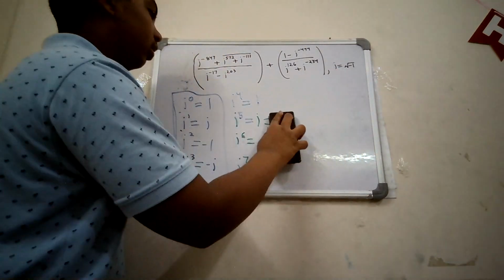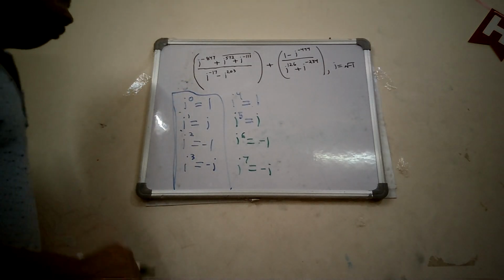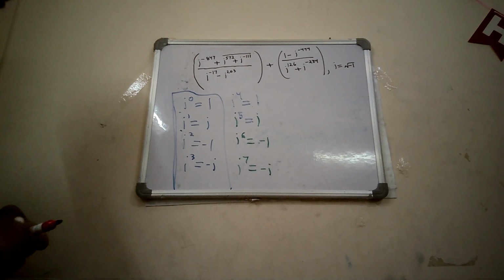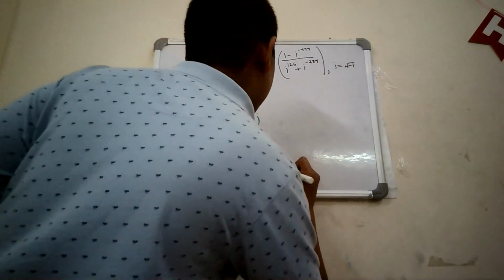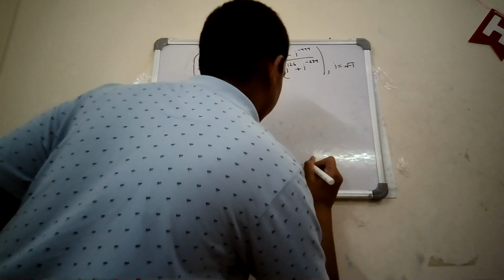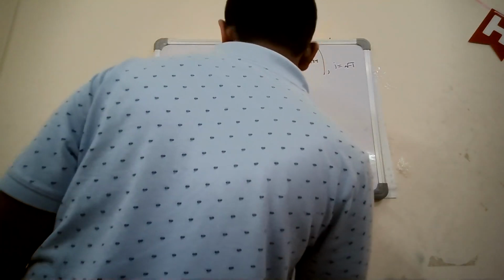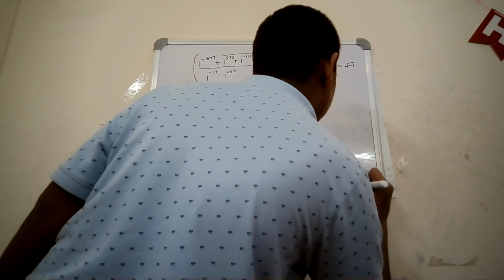Now, that's how I do all these. Same with i to the 7th power. We could do something like i to the 4th times i cubed. We're just breaking it down into 2 powers of i. So this would be 1 times negative i, which is just negative i.